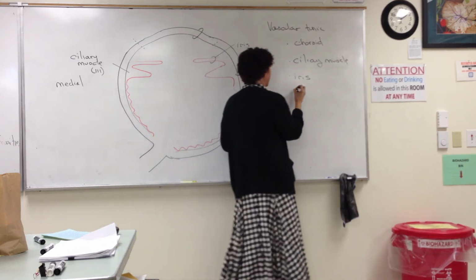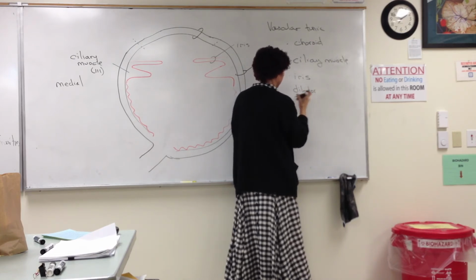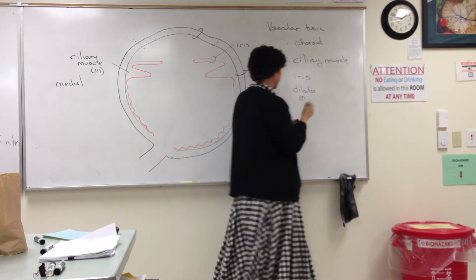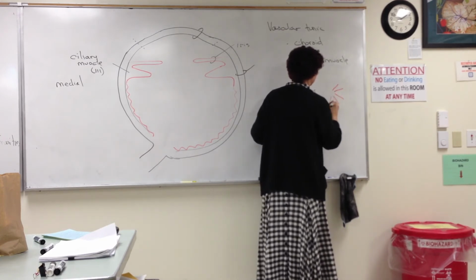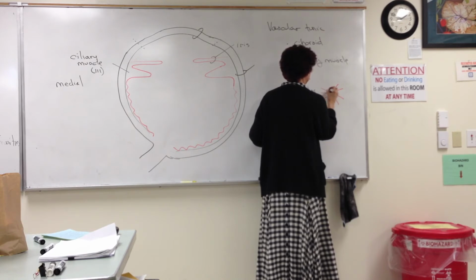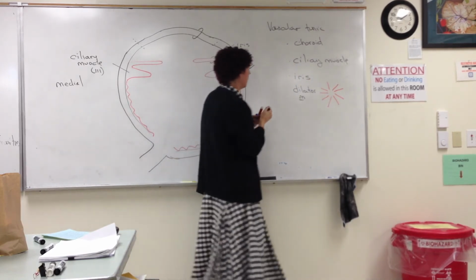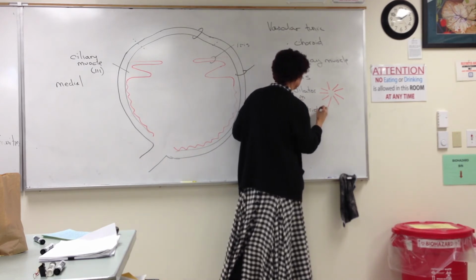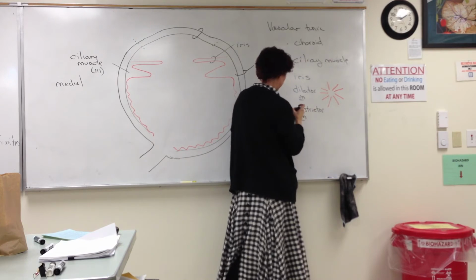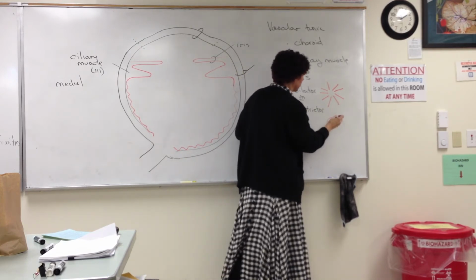So we have the dilator, innervated by sympathetic, and it has radial fibers. So when these contract, the pupil gets larger. And then we have the constrictor muscle innervated by ocular motor. And this is the sphincter. So when it contracts, the pupil gets smaller.